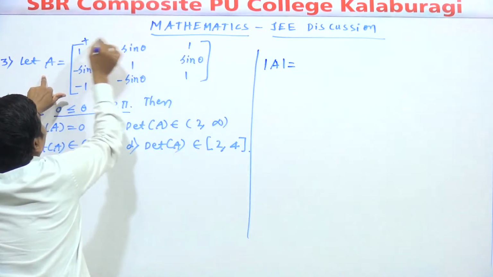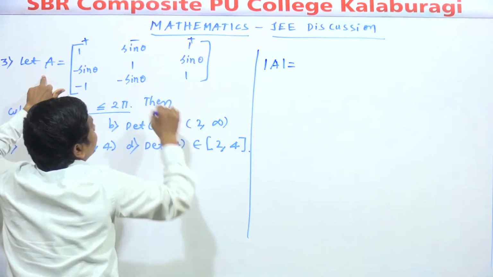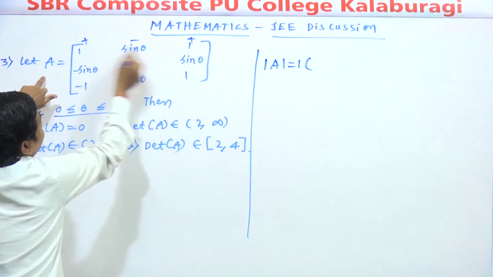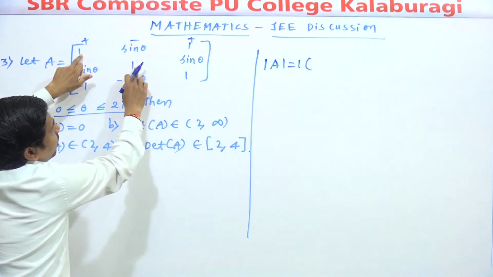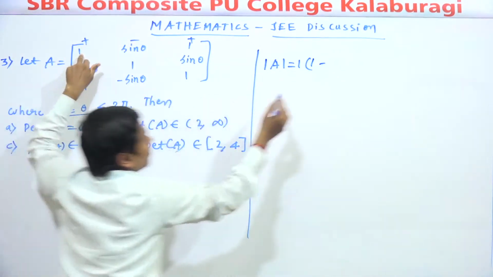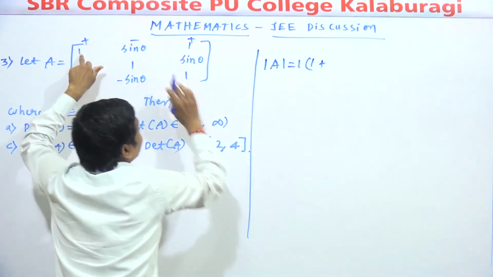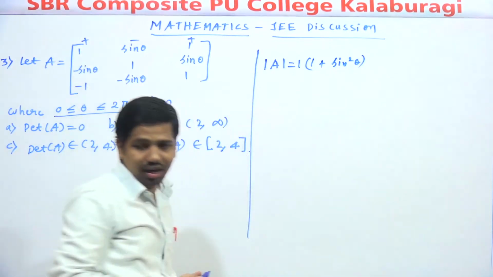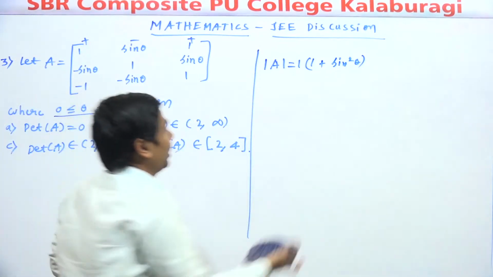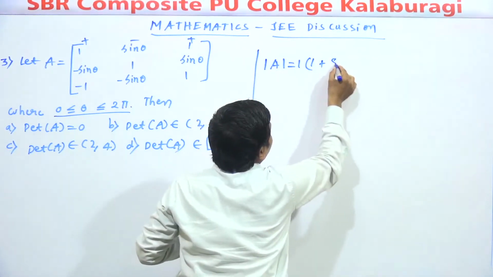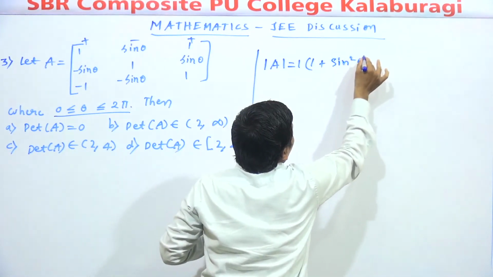If we calculate the determinant of A, the signs are plus, minus, plus. 1 into, suppressing its row and column, 1 into 1 minus of minus sin theta into sin theta, that is sin square theta. So in yesterday's class I wrote sin theta, but it is sin square theta. So 1 plus sin square theta.